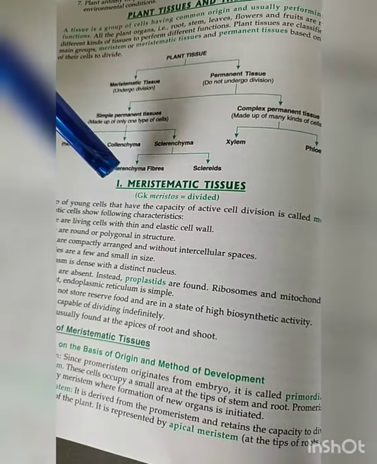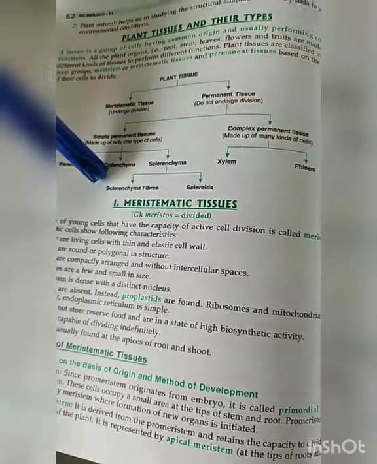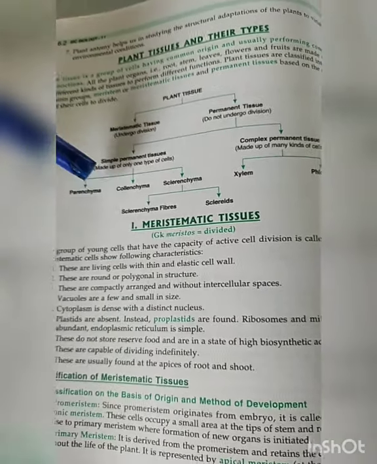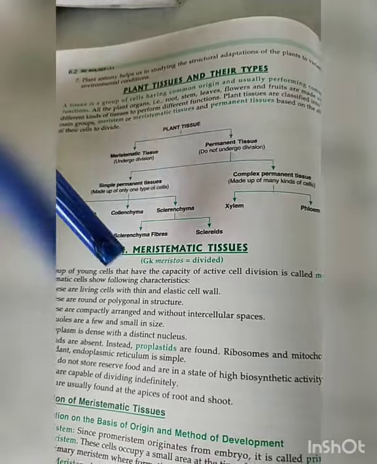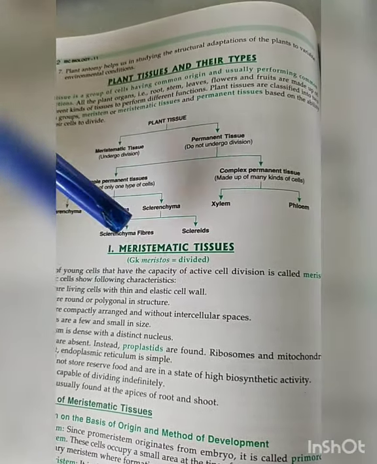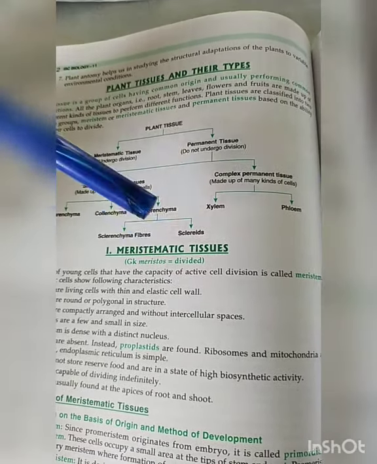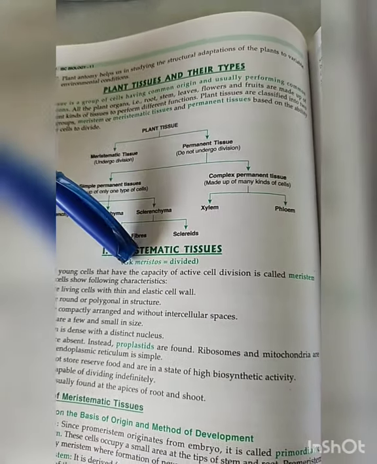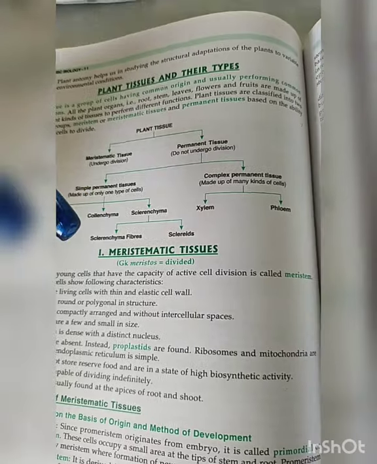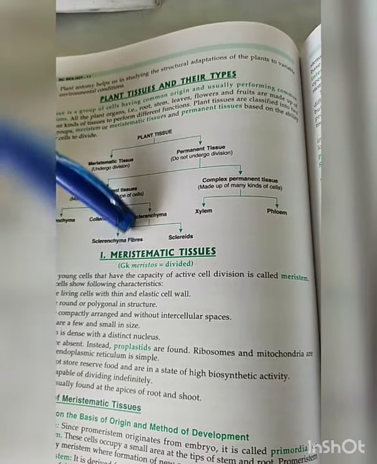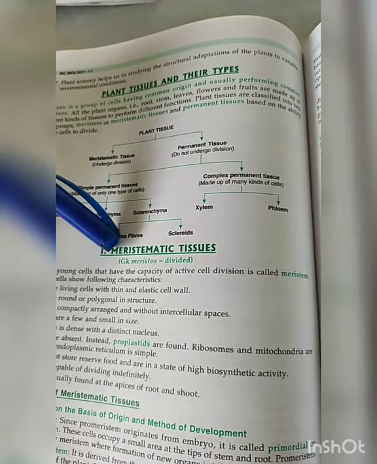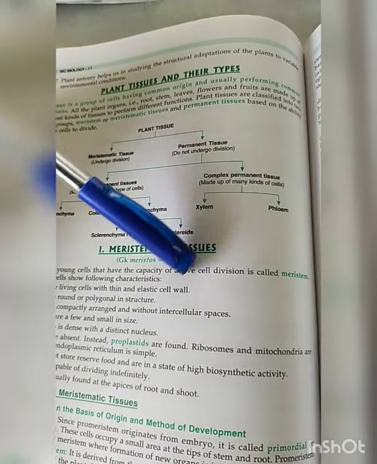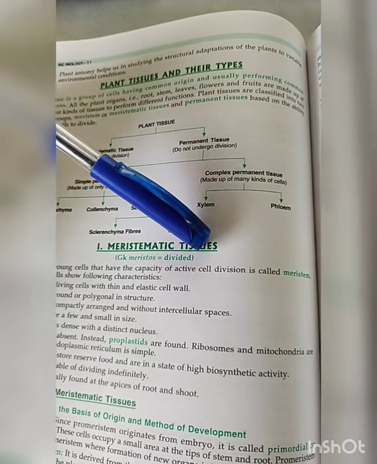In meristematic tissue you are going to study the area or zone from which the plant shows growth. That region will contain meristematic tissue. Such a zone you can see in the apex of the root. Apex means the tip of root, shoot, etc. At every tip of the plant you are going to see meristematic tissue.